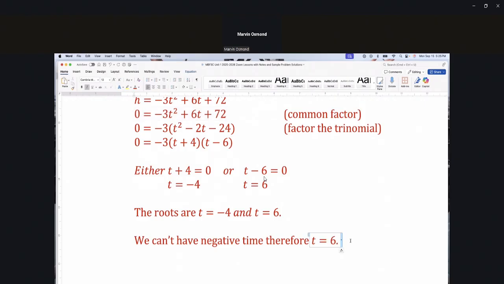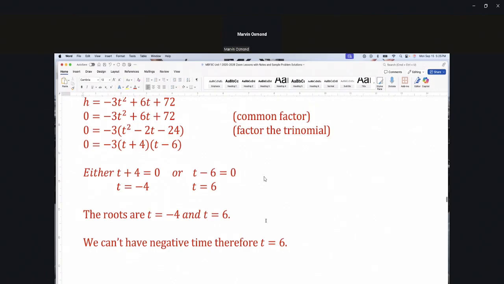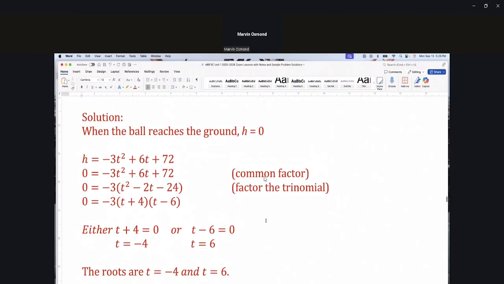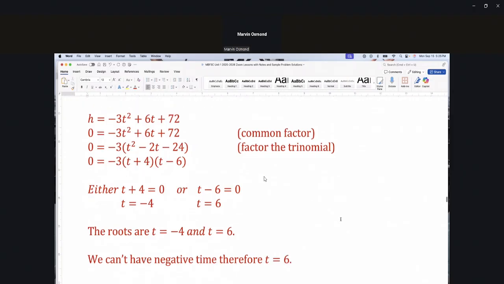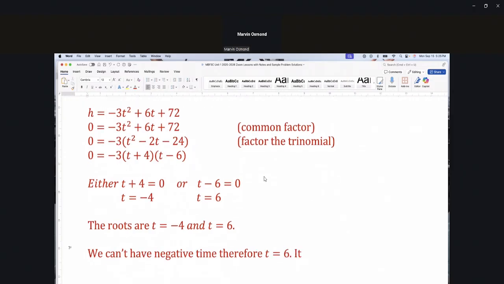So now, the question says, how long did it take the ball to reach the ground? We can say it took the ball 6 seconds to reach the ground.